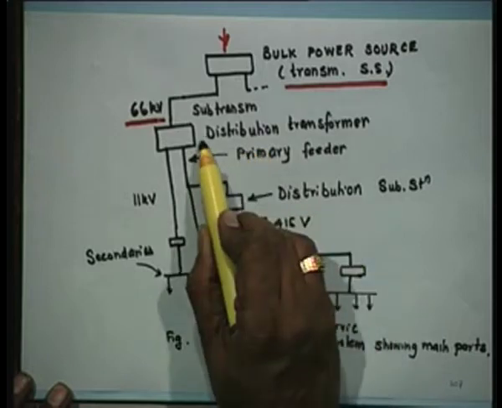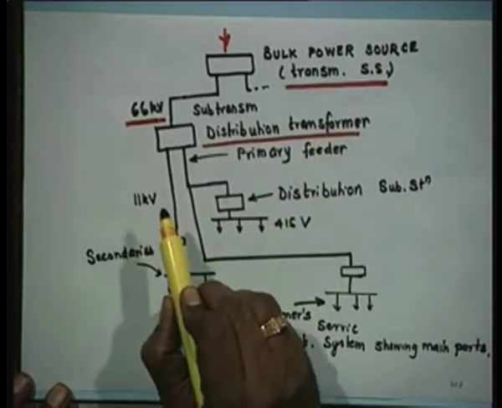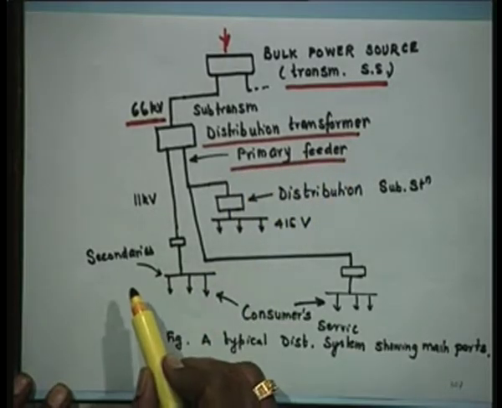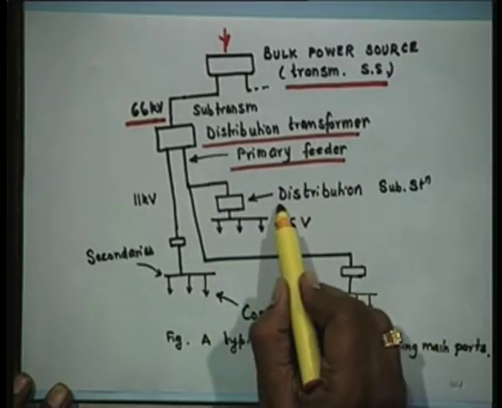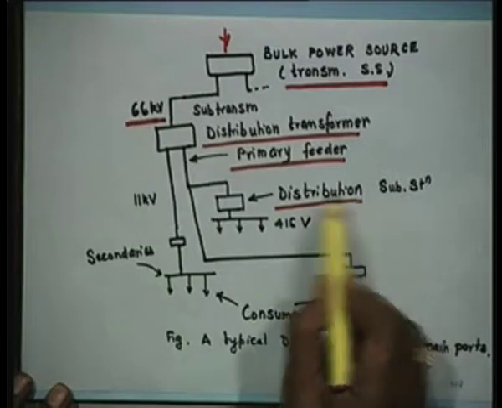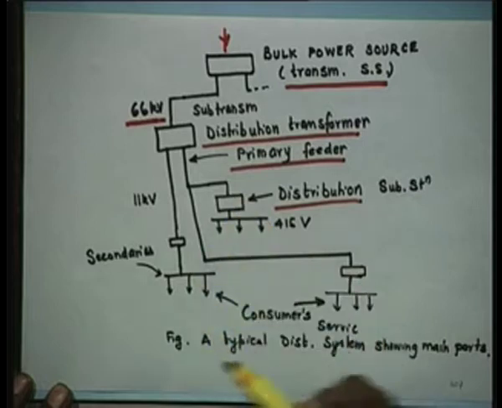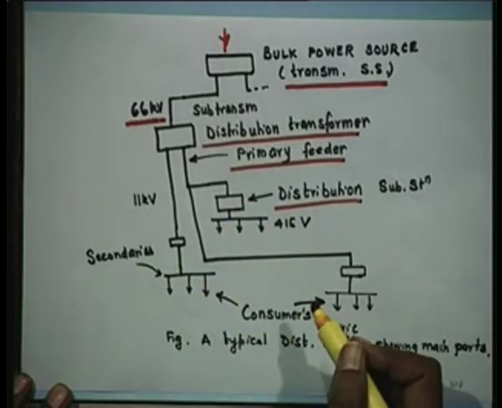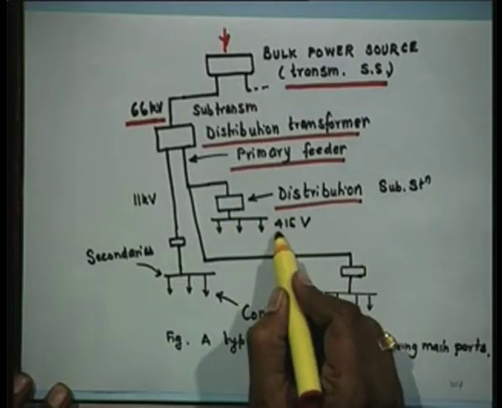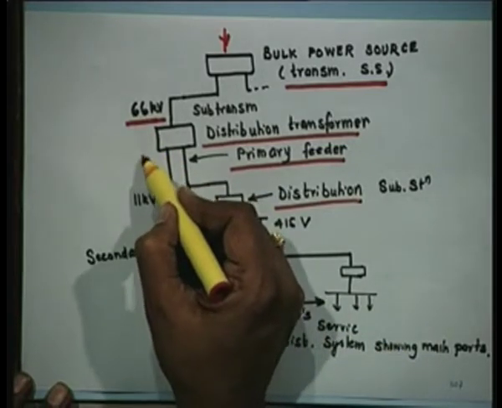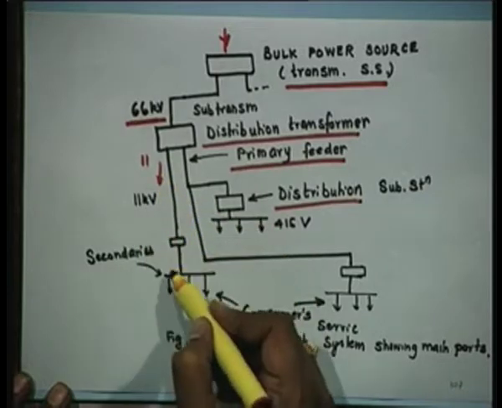Then this is a distribution transformer. Then there is a primary feeder. This substation is called the distribution substation. The voltage is already lowered from 66 to let us say 11 kV. Then we have 415 volts. Now this is 66 to 11 and this goes at 11 kV.